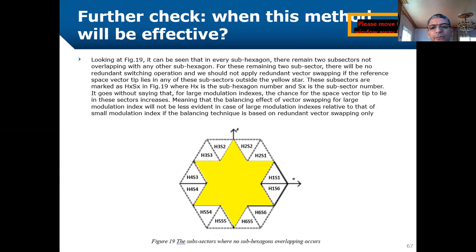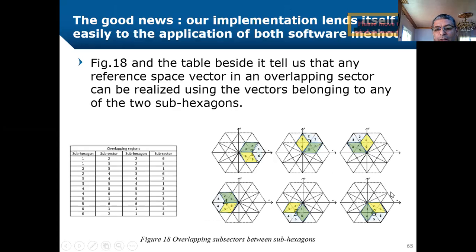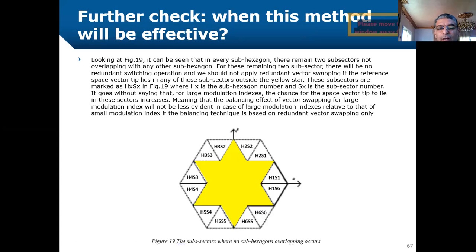Let us further check when this method will be effective. Look at this star. This star combines all the overlapping areas. If you add all of these overlapping areas together, you finally reach this star.